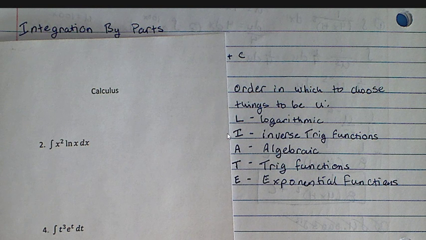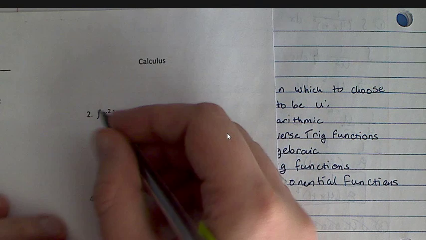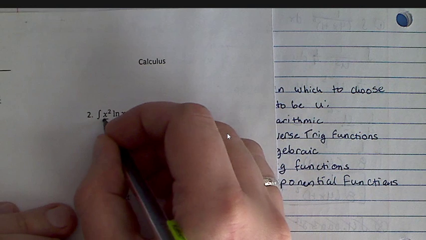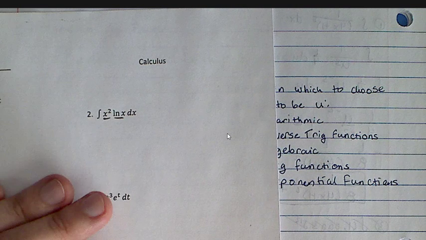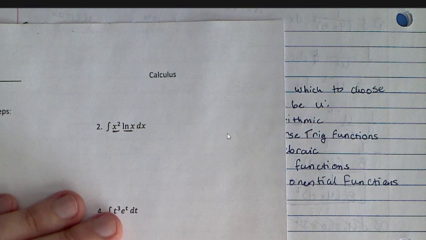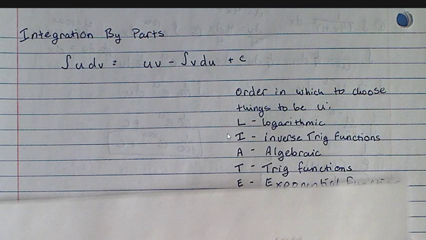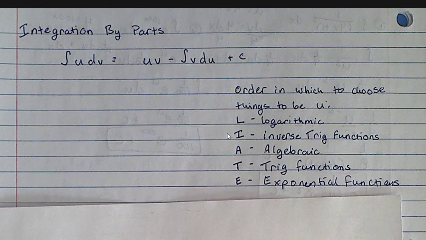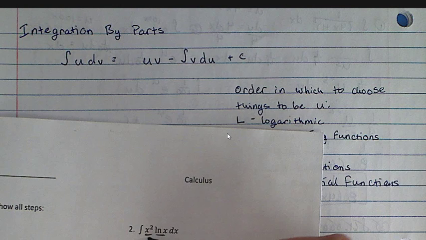Okay, so we've got two pieces here. We've got our x squared, and we've got our ln x. So one of those is u, and one of those is dv. So we got to pick which of them to be u. According to our order, we've got an algebraic thing and a logarithmic thing.